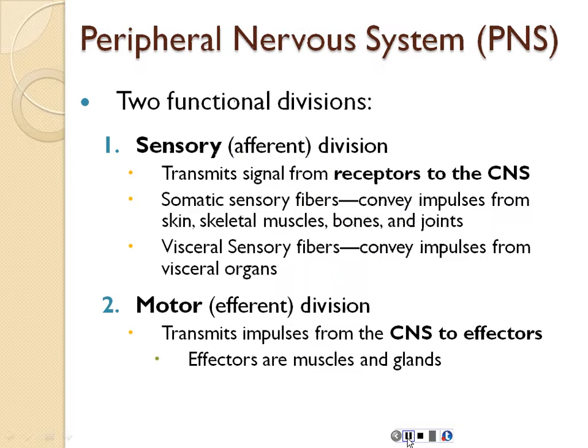So the CNS and the PNS. Now, we talked a little bit about how the nervous system works, how the CNS and PNS work together, and the role of the CNS and the PNS. So overall, from last time, we said the CNS is considered what? Good. Control center, command center, integration center. Does everybody understand why? What is it doing?